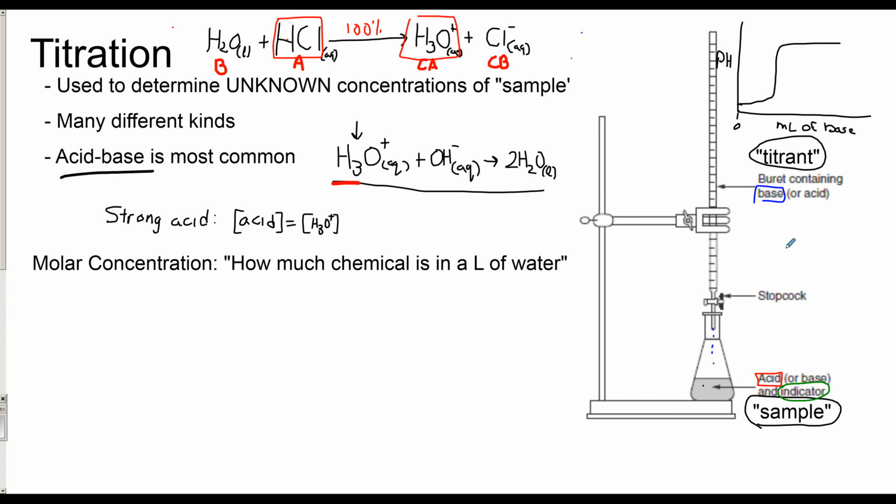And that S-shaped curve is important because at a pH of 7, it means that all of the acid has been reacted with base. And so we call this the equivalence point.